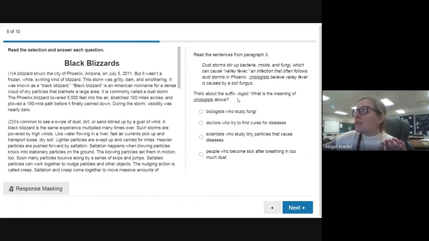Think of the suffix ologist and what the meaning of virologist is, okay? So, think about that, my friends. Let me see if I can help you. We know the ologist part is someone who studies something, okay? So, hopefully that helps you out a little bit. They are the specialist of their ology, right? Hopefully that helps a little bit.